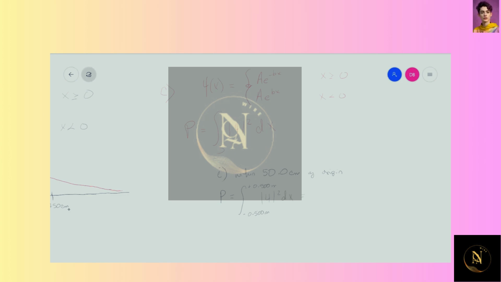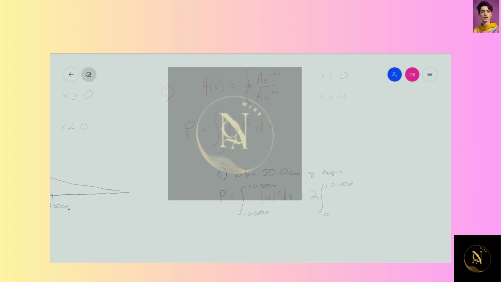And now we can use a little bit of symmetry calculus to help us. I'll say that this integral is 2 times the integral from 0 to 0.5, since it's symmetric. And then I'll take the wave function for this interval, so greater than 0.